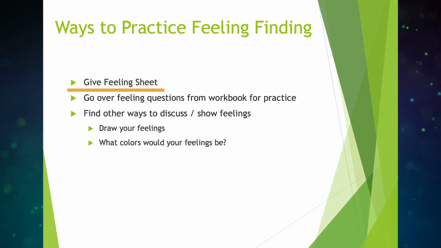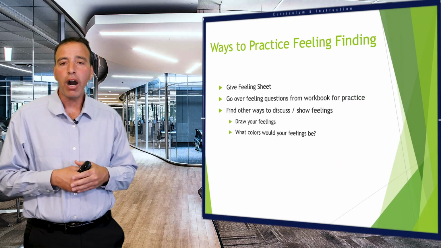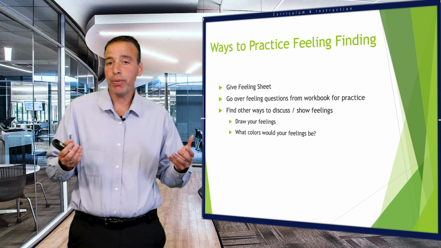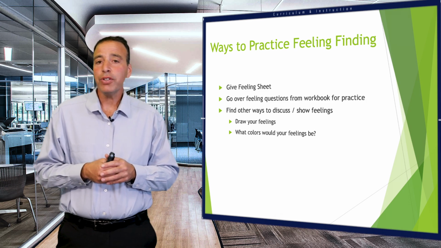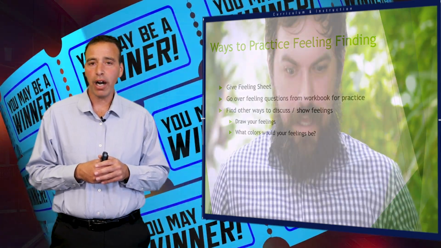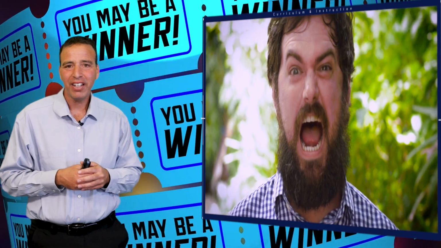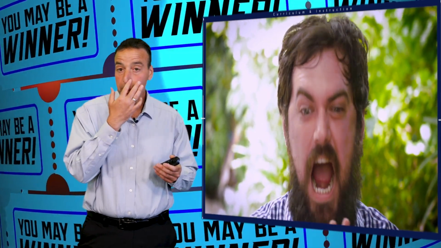And we start playing the scenario game. I'll throw out a scenario, such as, I'll throw it out to you: you just found out you won the lottery, and you are now a multi-millionaire. Give me 2 feelings you might feel if that were the scenario.